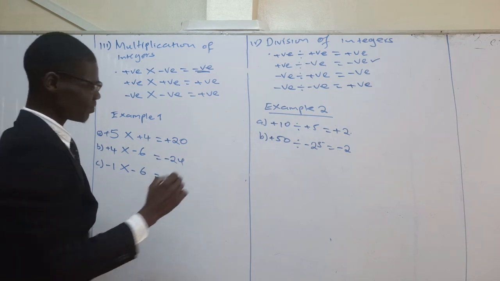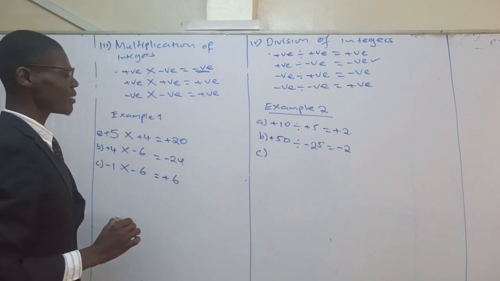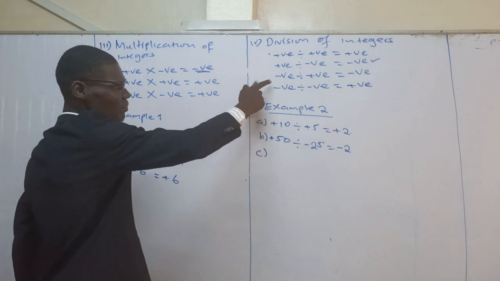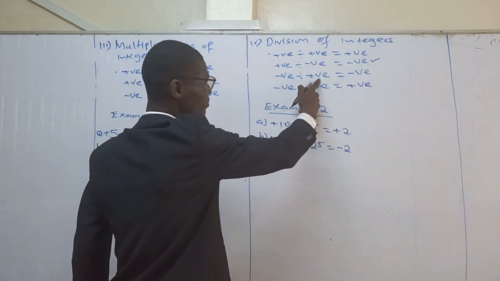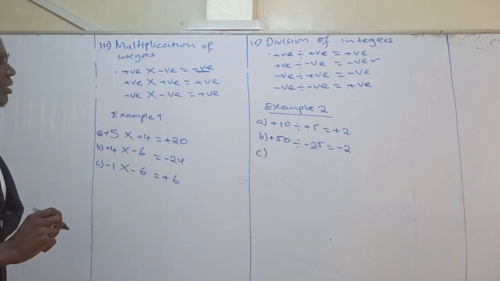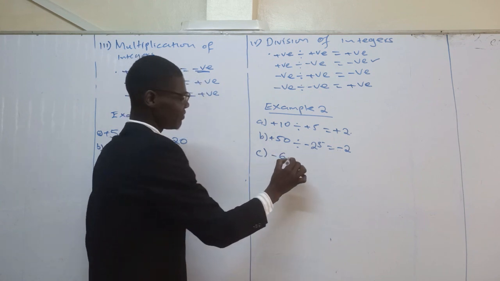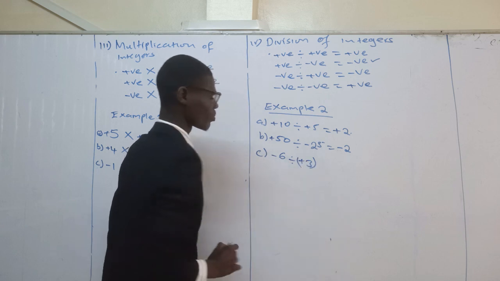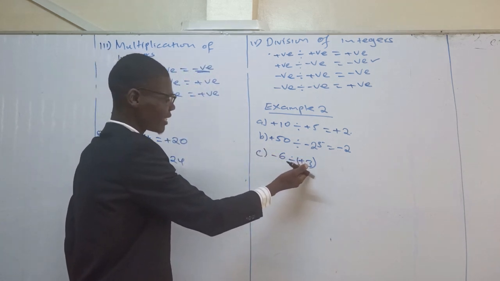Now part C of the same example 2, I can have integers where one is negative and the other one is positive. For example, negative 6 divided by a positive 3.